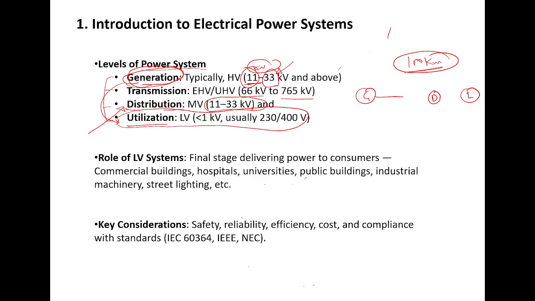But we'll discuss only the utilization part, how to utilize that electricity. For example, let's suppose this is your building, a high-rise building, or you can say this is your shopping mall. The total connected load, the TCL value, is about 1 megawatt, and the maximum demand load, the MDL, is 0.7 megawatt.